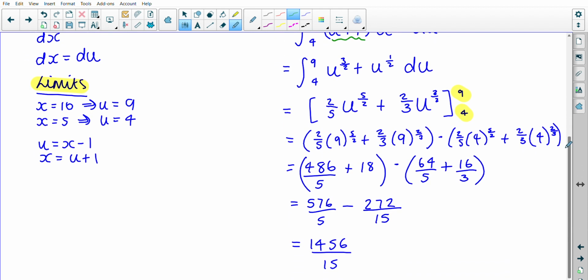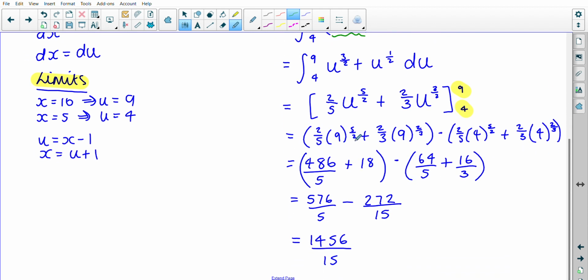So when I do that, you can see I'm doing that here. And then sorting it out, I've left it as an exact value. It does ask me for an exact value, so watch that wording.